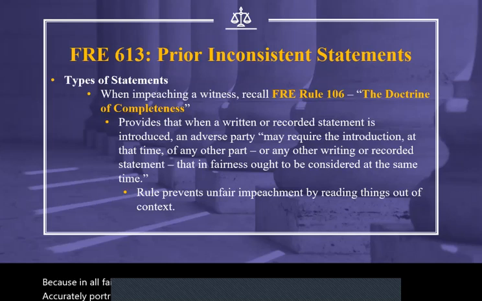So this is what bites some people: if they don't give the full account, or if they take it out of context, or if somebody's trying to take something out of context, this is when you say, all right, fine, take it out of context. If your objection gets overruled, that's fine. And then you just use the doctrine of completeness, right? And you just argue. And the thing is you're arguing and the jury's going to hear this, right?